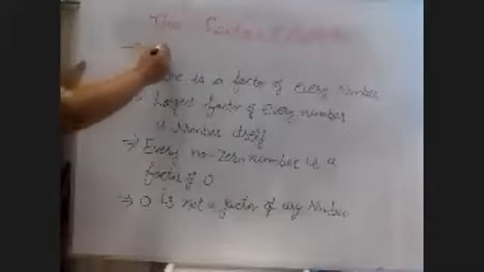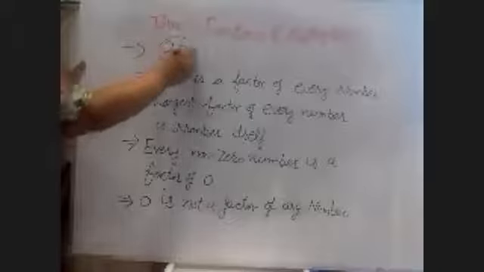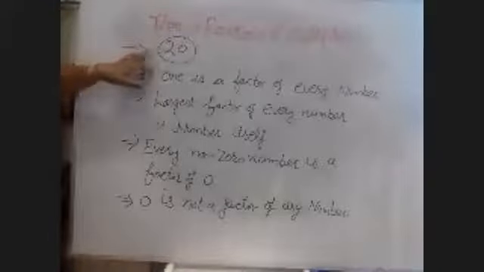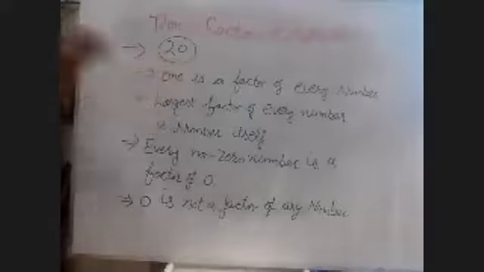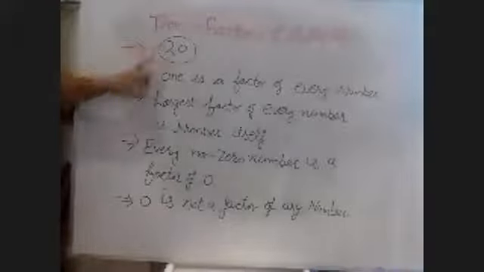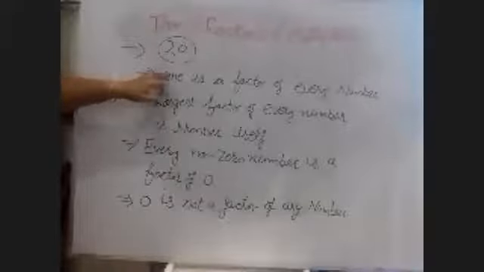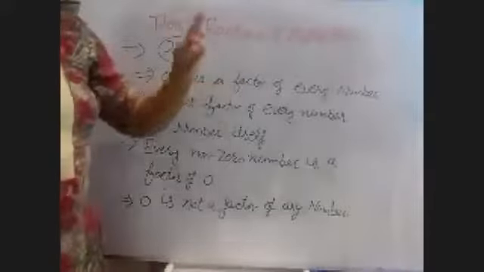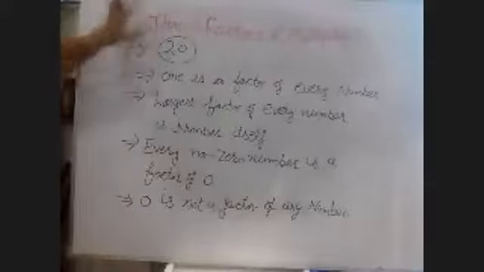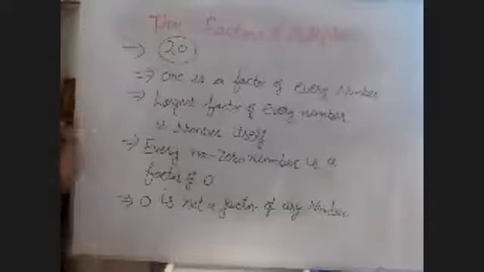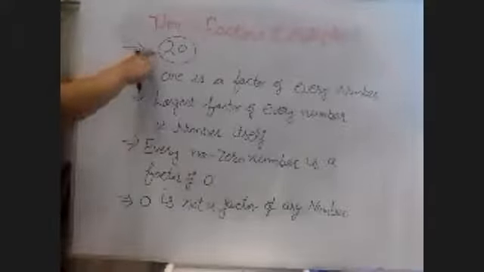For example, if we are finding all factors of 20, the first and smallest factor of 20 will be 1.